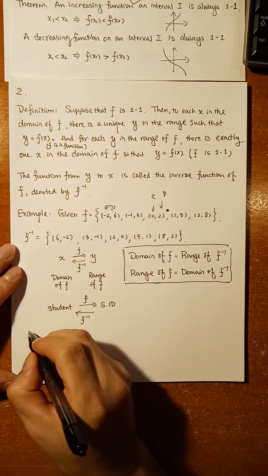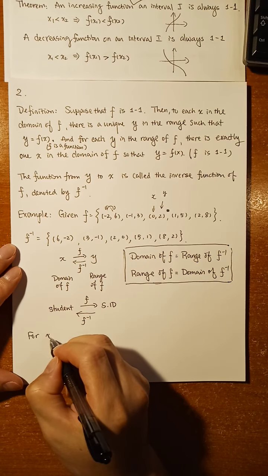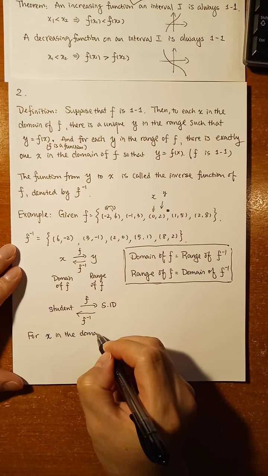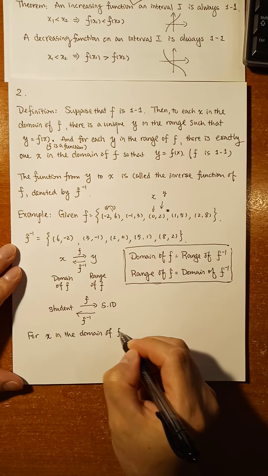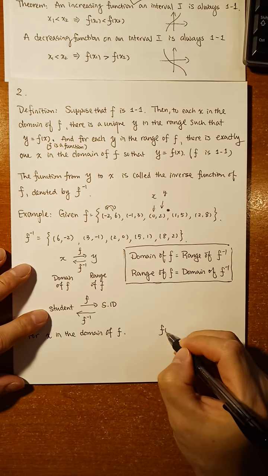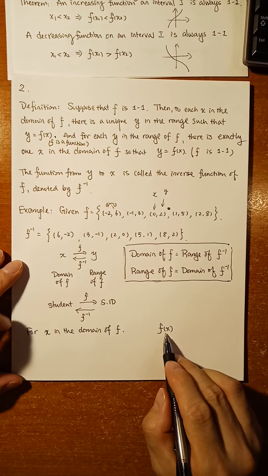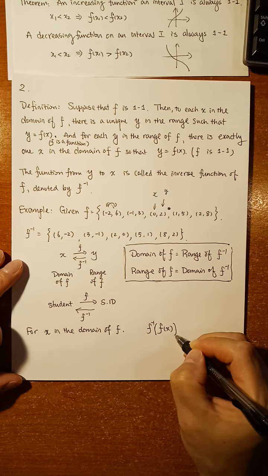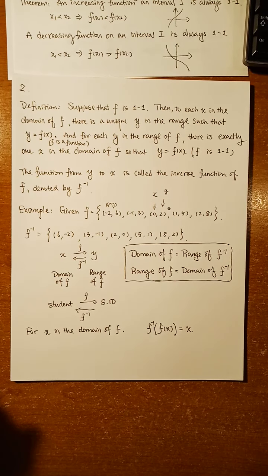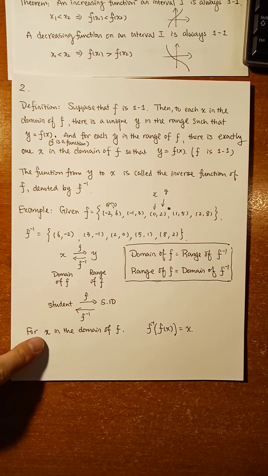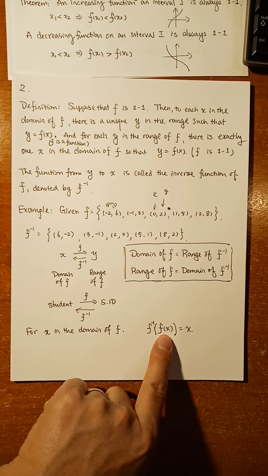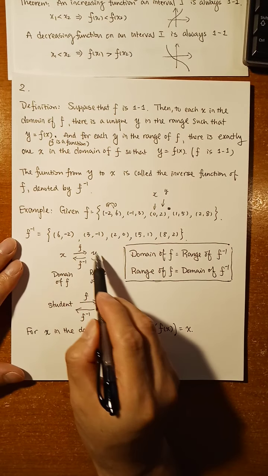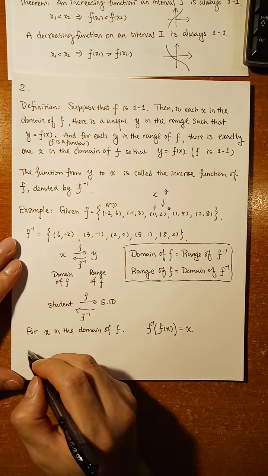So for each x in the domain of f, each student, you apply the function, you get the student number, and you apply the inverse function, you go back to the student. For each x in the domain of f, you apply f and then f inverse, you go back. It's like you go right and left back to itself.